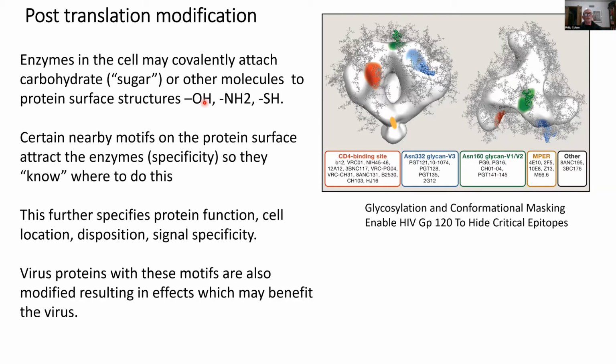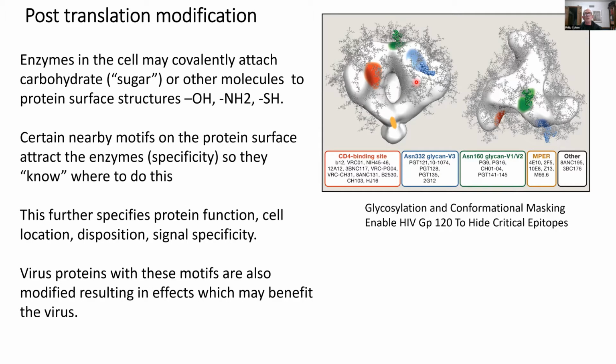And it's the active site around these particular moieties when it occurs that tells the enzymes in the cell to put a sugar on it.